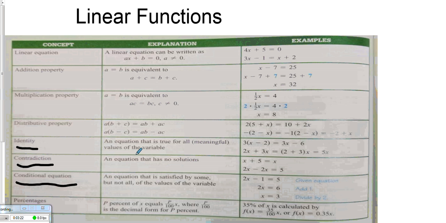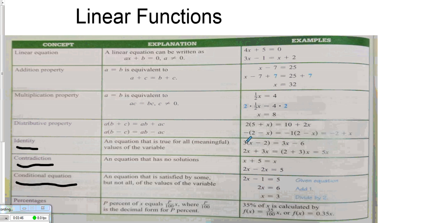So an identity is described as an equation that is true for all meaningful values of the variable. So again, like if we have 3 times the amount x minus 2 equals 3x minus 6. Well, again, we can see that these are equivalent to each other. This is something because of our distributive property.